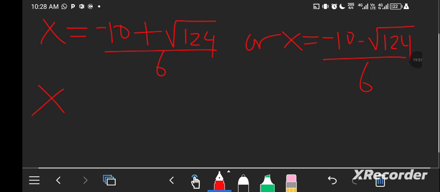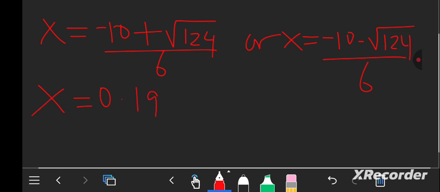Once you punch negative 10 plus square root of 124 divided by 6, you'll get 0.19.